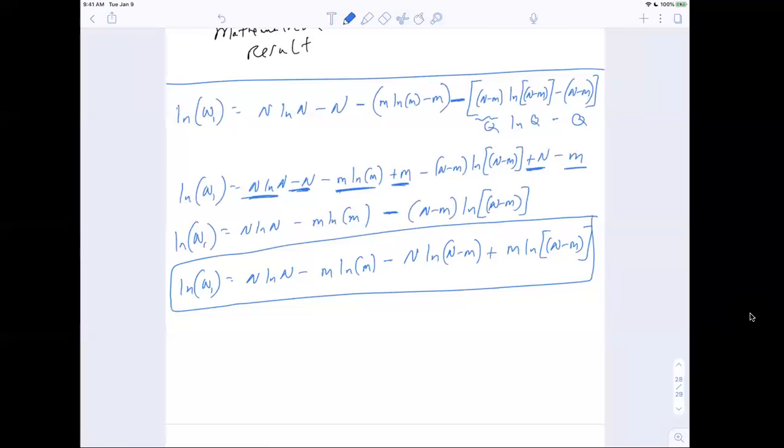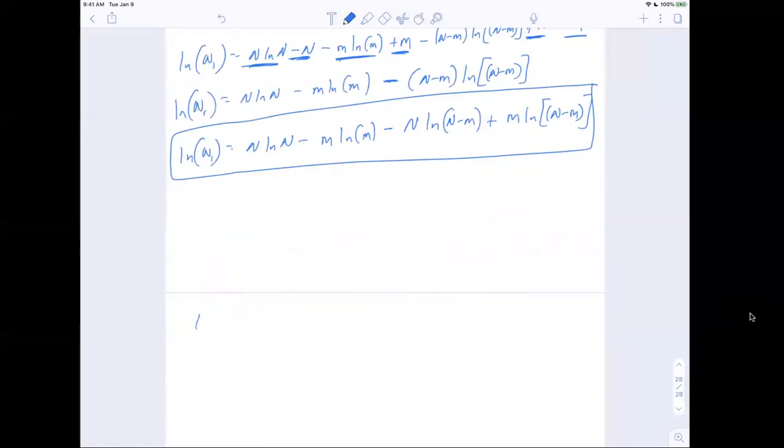Now we can do the same for W2. So let's write W2 down. W2, remember, was 2n factorial divided by m factorial times 2n minus m factorial.